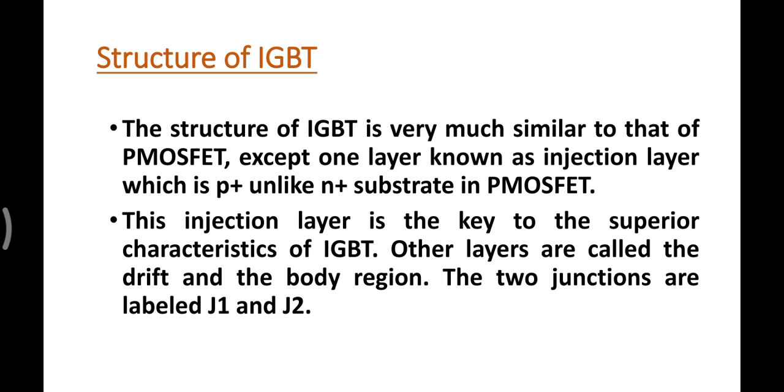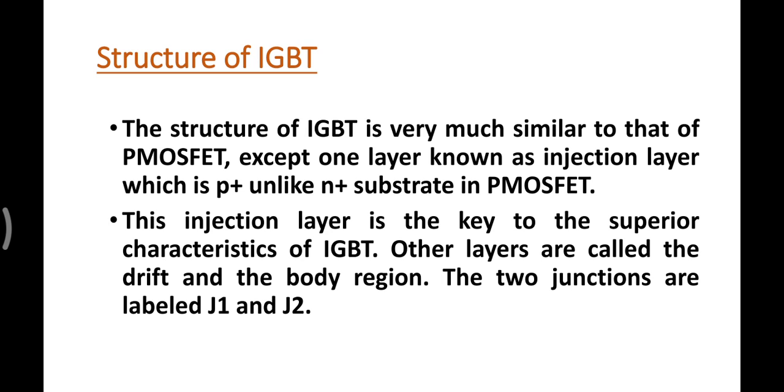There are two types of MOSFETs: P channel enhancement MOSFET and N channel enhancement MOSFET. Here it is similar to the N channel enhancement MOSFET. With this N channel enhancement MOSFET, an additional P layer is injected. That is the basic form of the IGBT.